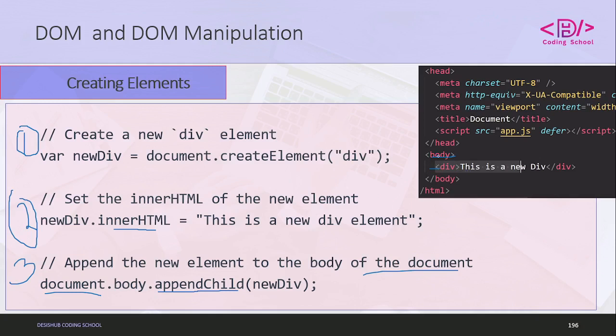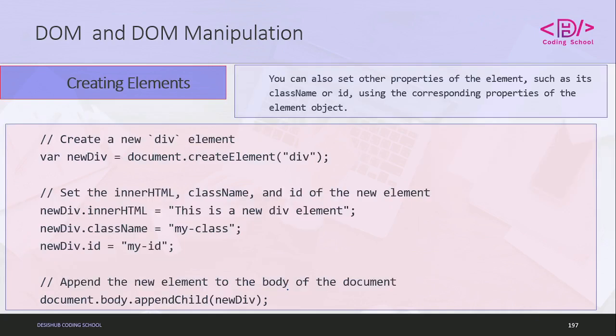So when you talk about an element and you say child, you actually mean that element inside it. So appendChild, and then you pass in the child you want to append, and we are appending the newly created div. Okay, so can we try this?